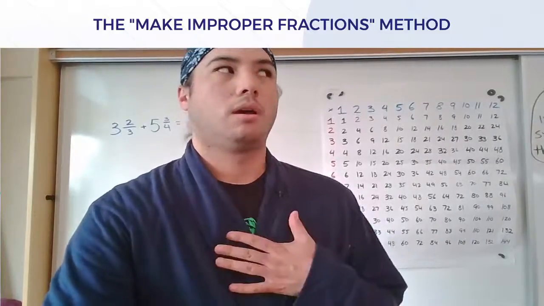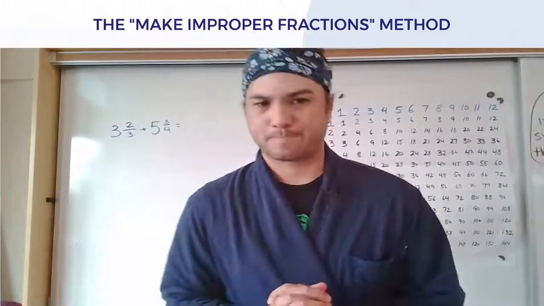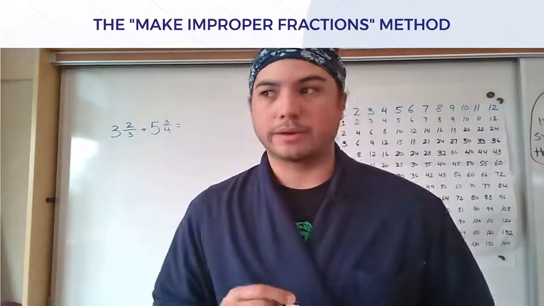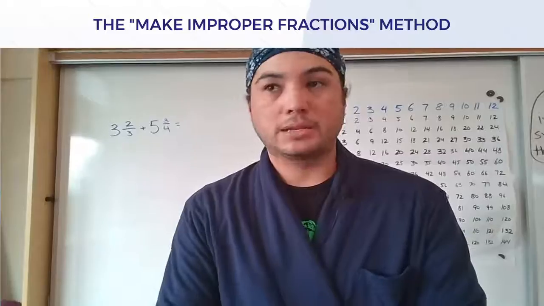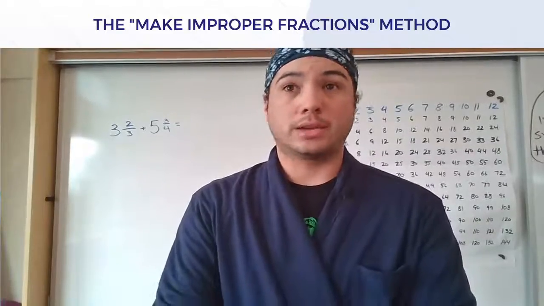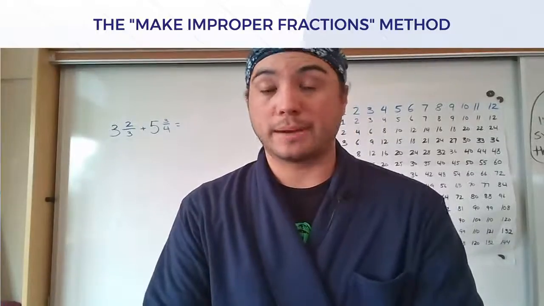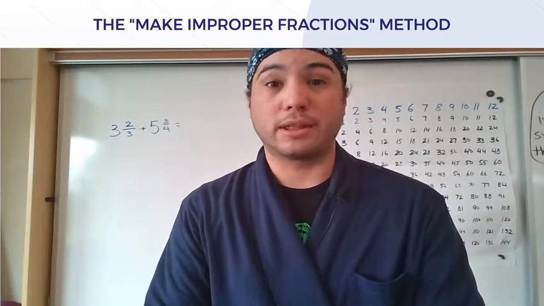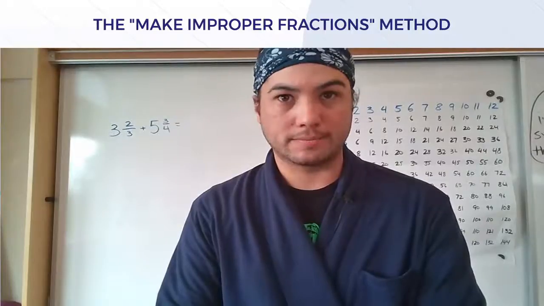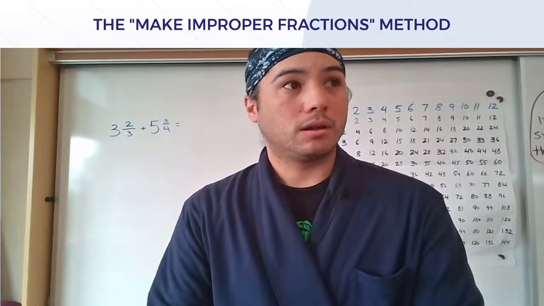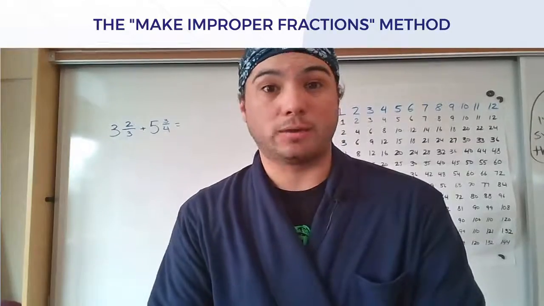Okay. Now, when we're talking about making improper fractions, as a reminder, an improper fraction is a fraction where the numerator has a greater value than the denominator, like 3/2, for instance. That tells us that the fraction is greater than 1.